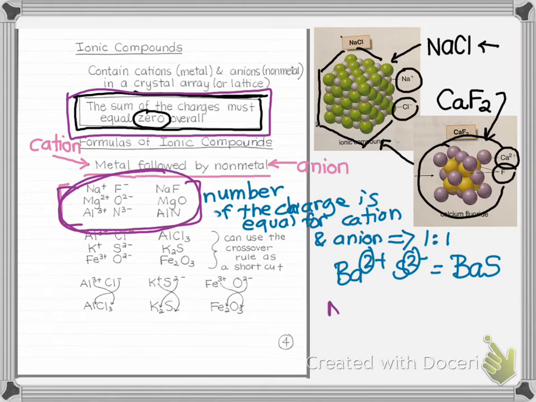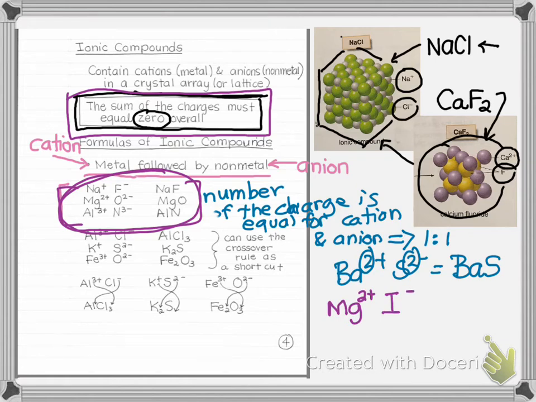So let's say I have magnesium, which I would know the charge. Magnesium is in group 2A. If you're not sure how I'm getting the charges, go back to the first video and watch how we can predict the charges of the main group elements based on their location on the periodic table. So magnesium would have a 2 plus. Iodide, which is a halogen, has a 1 minus.